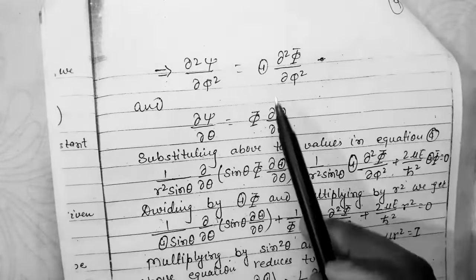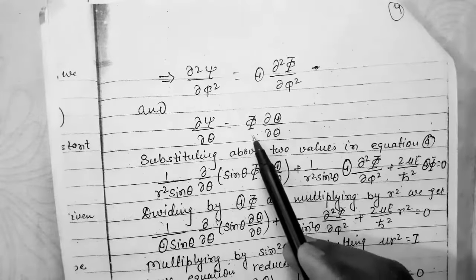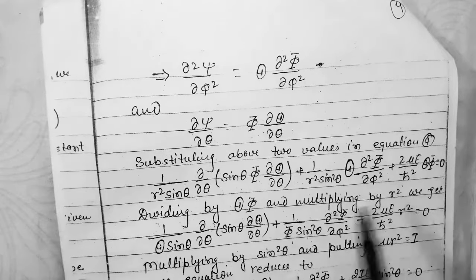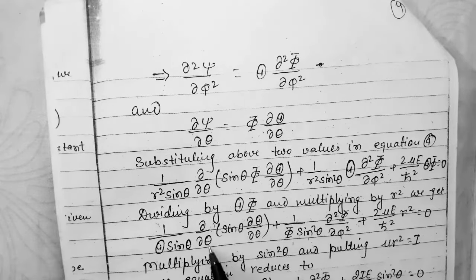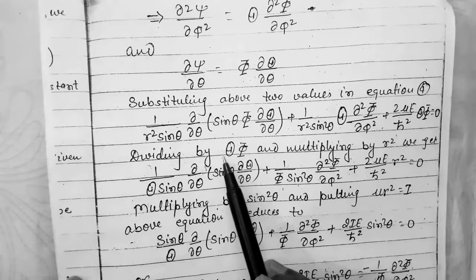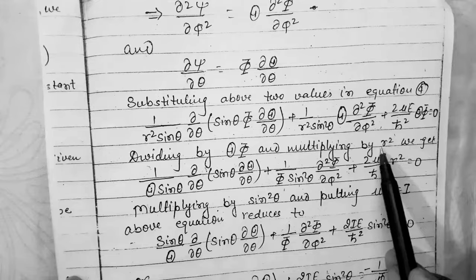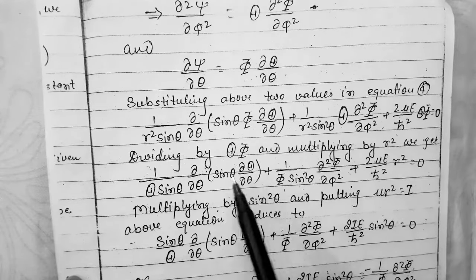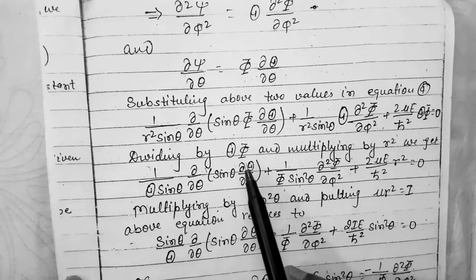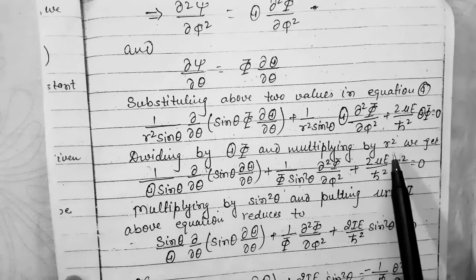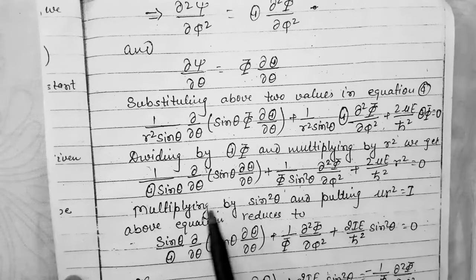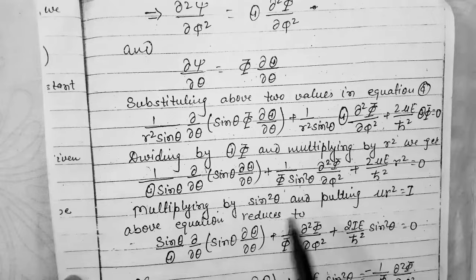When we substitute the capital Theta and capital Phi in the above equation, we will get this kind of equation, and we further multiply and divide with capital Phi and capital Theta, and further multiply with r square. We divide and multiply capital Theta and capital Phi in the numerator and denominator, and further multiply by r square. Doing this, we get this term.